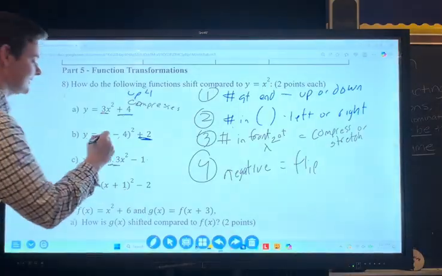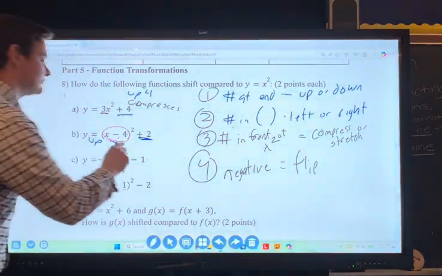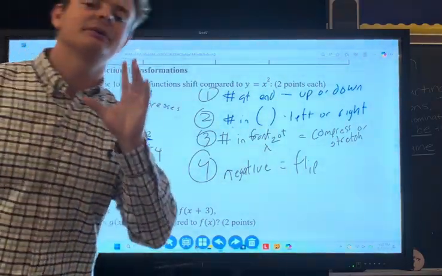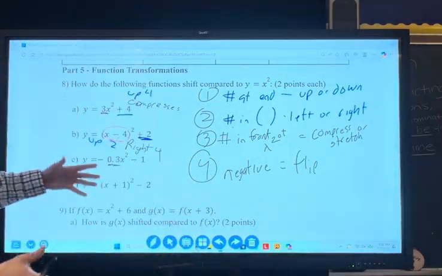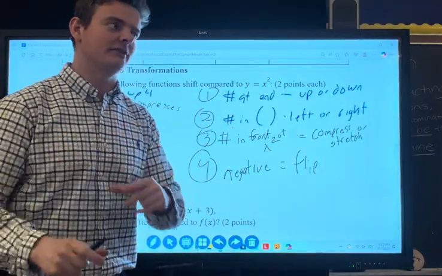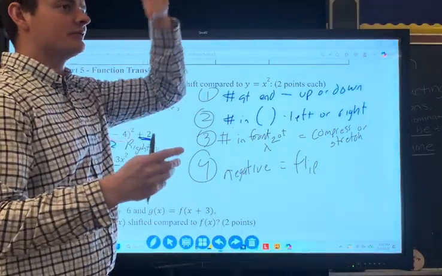Plus 2 at the end, that's up 2. X minus 4, that's right 4. If I had to predict how most students get this wrong, it's the parentheses. They are very tricky, but think of it as the opposite, the same way we saw with the vertex coordinates.